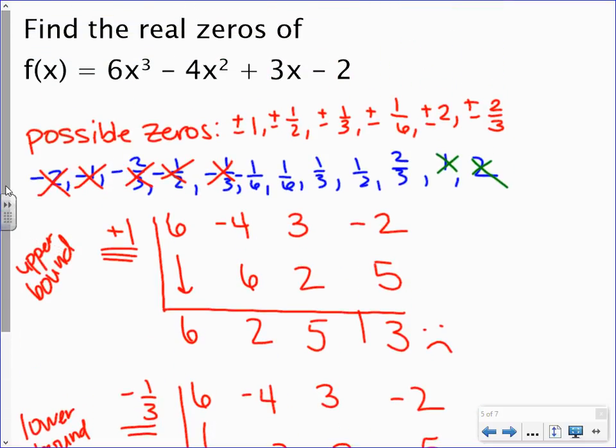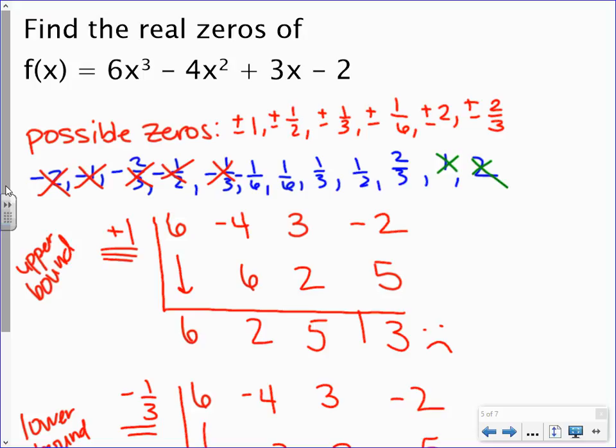How many sign changes are in f of negative x? There are no sign changes in f of negative x, which means, should we have tried a negative value to begin with?